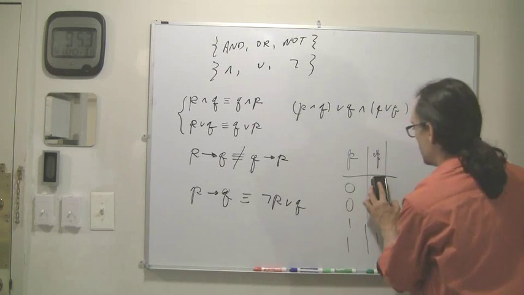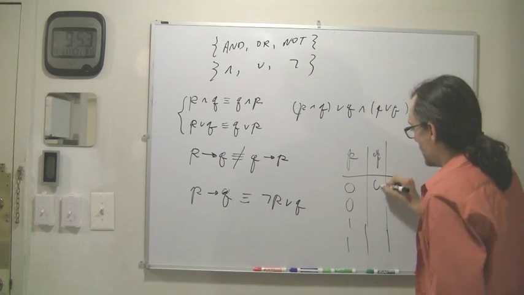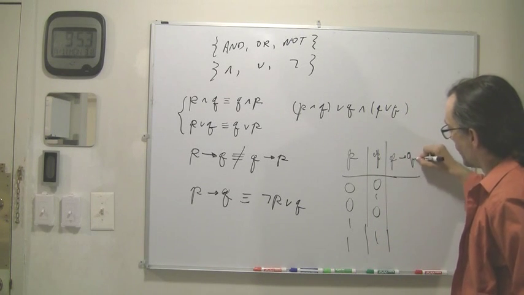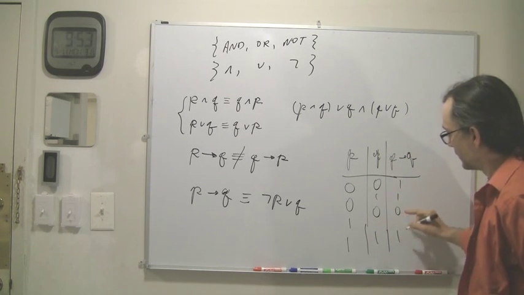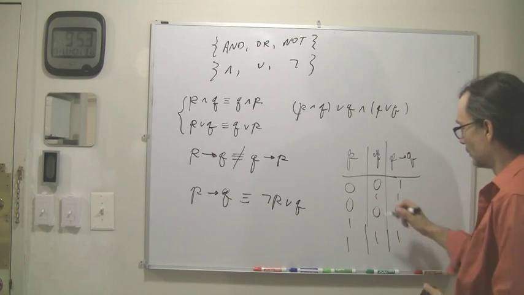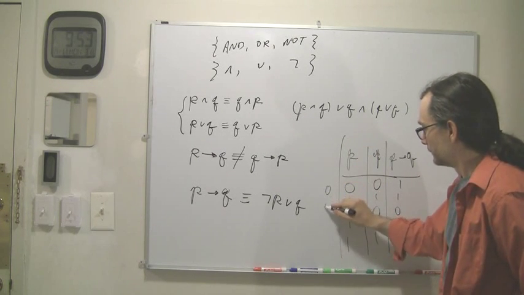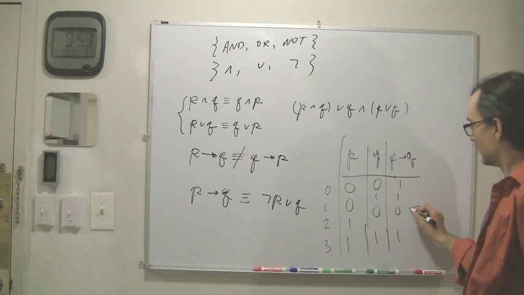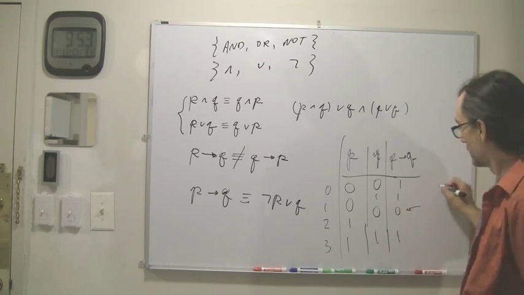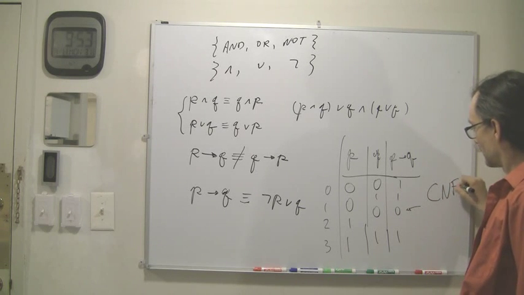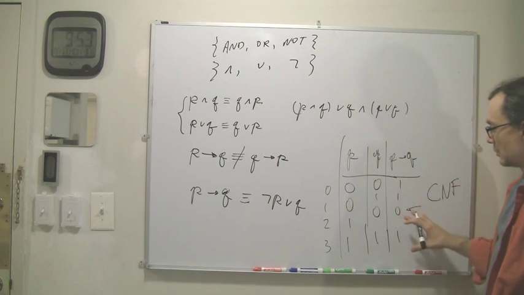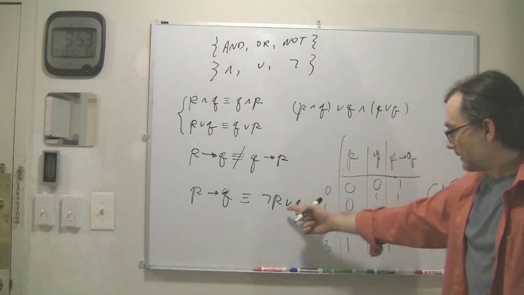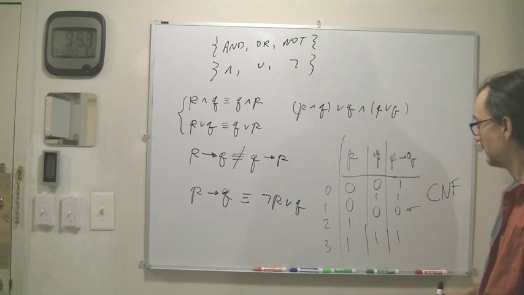Oops, I'm doing the function already. P implies Q is 1 everywhere except here on line 2, right? So if you write this thing in CNF, how do we write the truth table in a CNF expression in predicate logic?